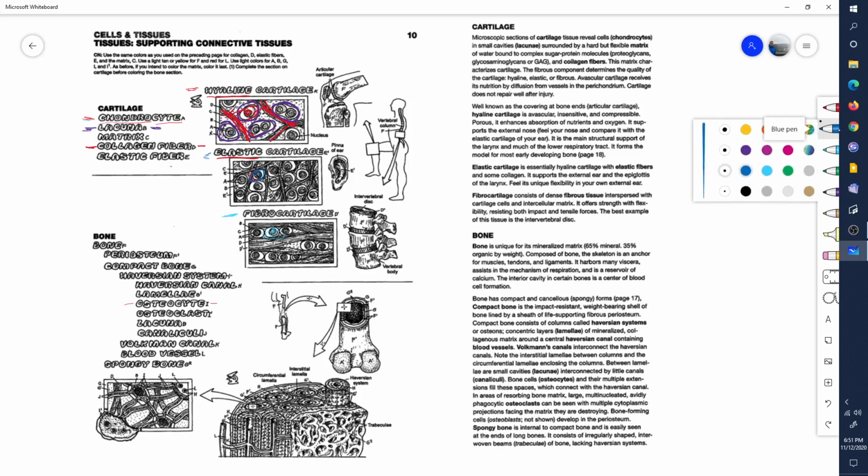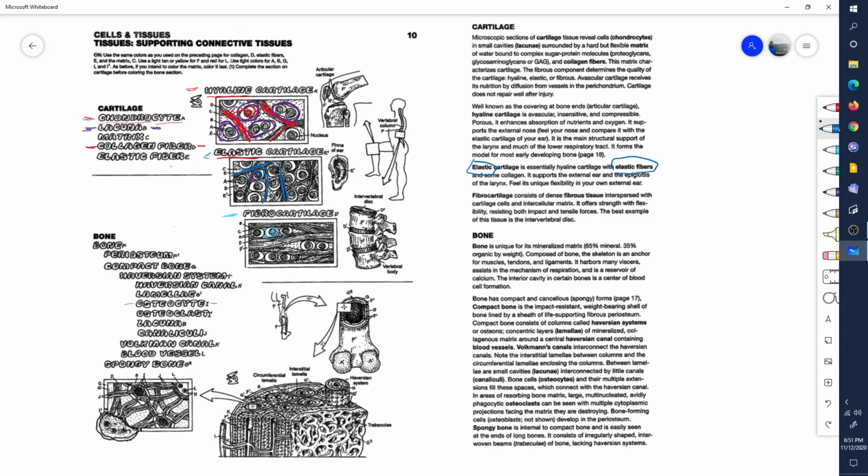And elastic cartilage, you can see here, doesn't have collagen in it. Its chondrocytes make elastin, a really stretchy kind of fiber. So elastic cartilage contains elastin. So you can see elastic fibers here off to the right, in elastic cartilage.